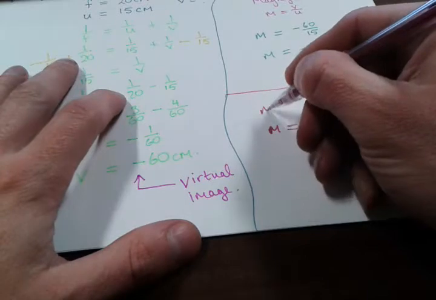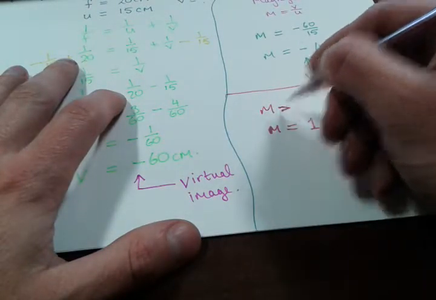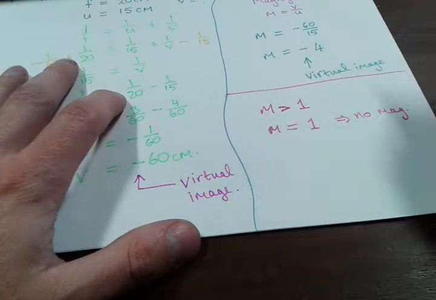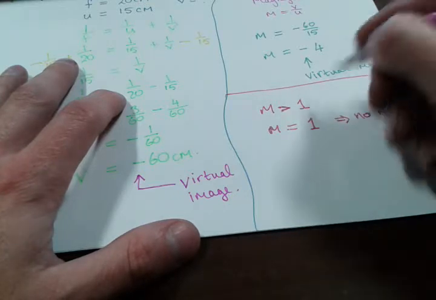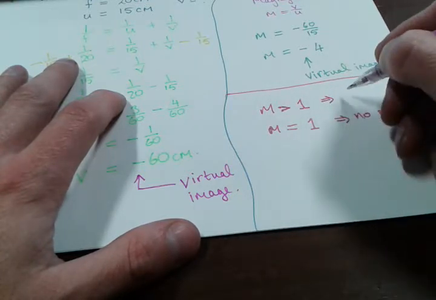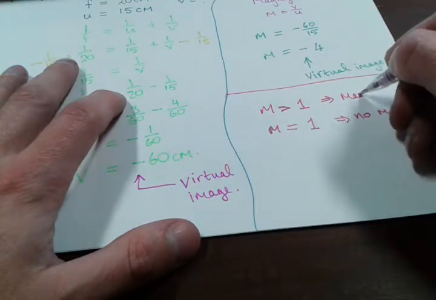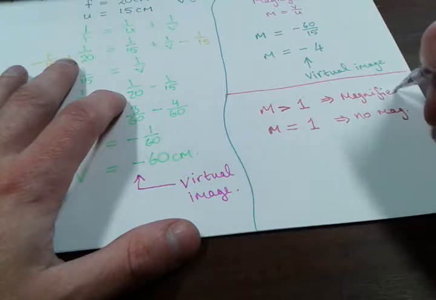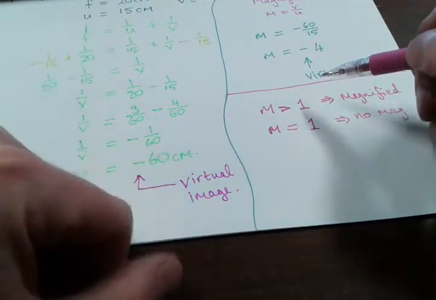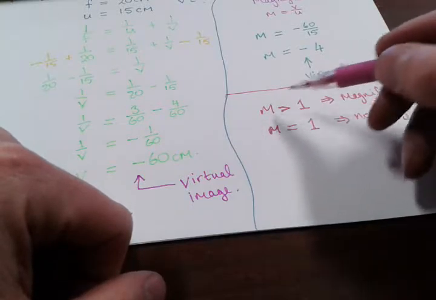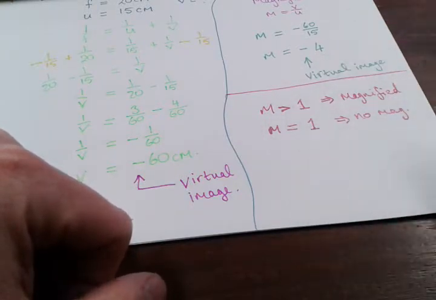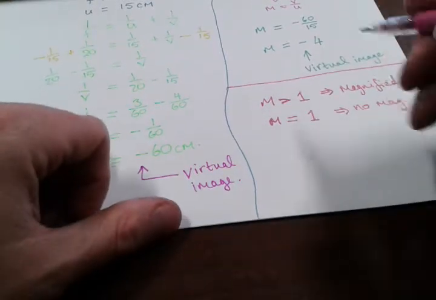If your magnification is greater than 1, so any number greater than 1, that means that your image is magnified. In other words, if we got a value of 3 or 4, that would mean the image was 3 or 4 times larger than the object to begin with.